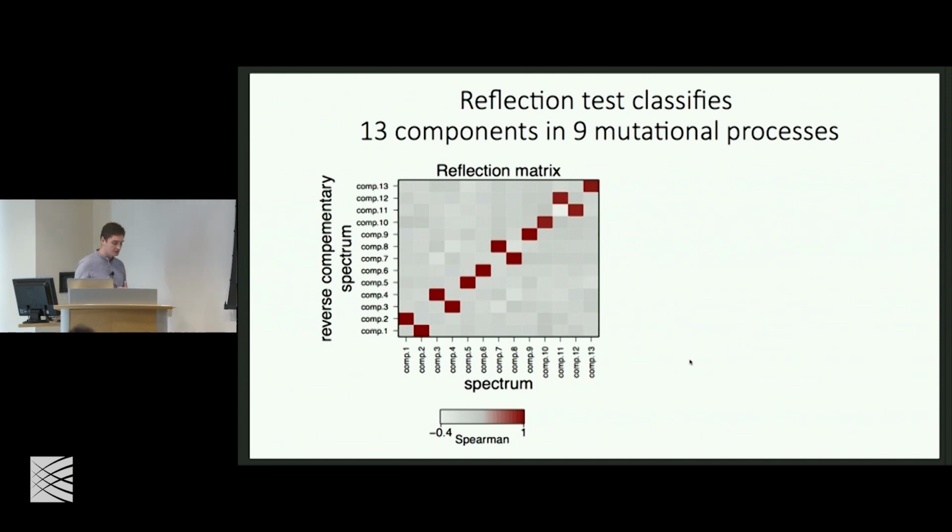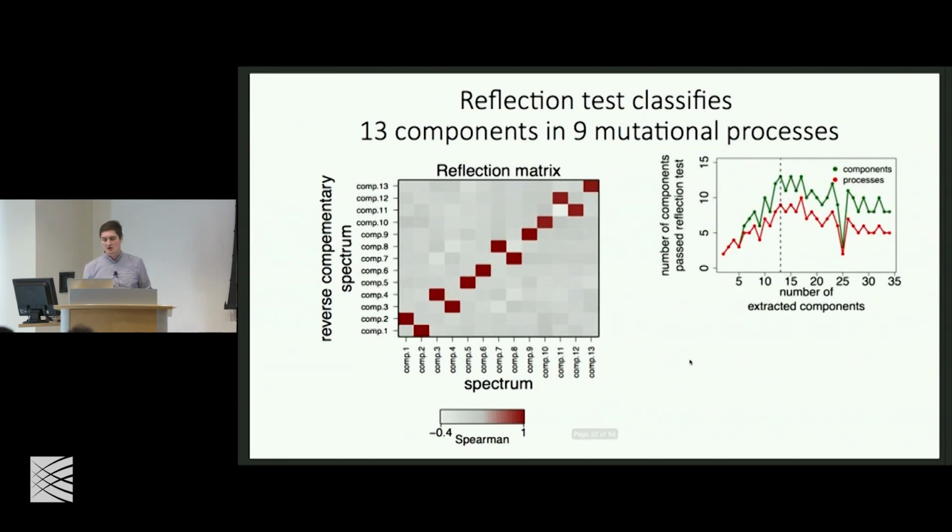And then we can also use these features for different purposes, and one of them is to choose the number of components, because we can run these algorithms with many different numbers of components, and for each we can ask how many of them have this reflection property. How many components have a reflected component?